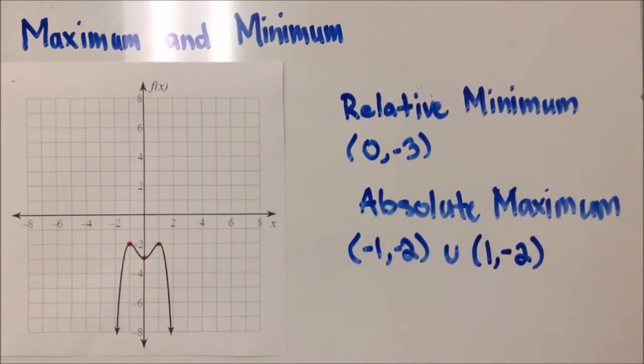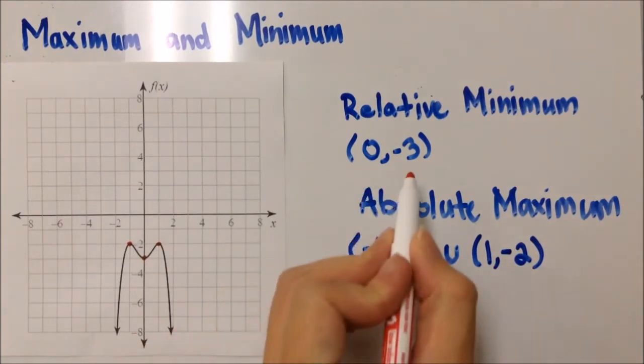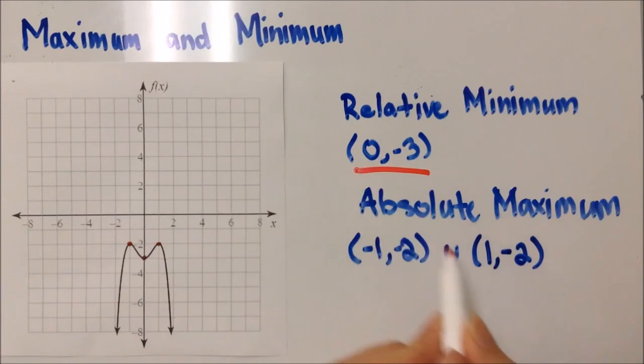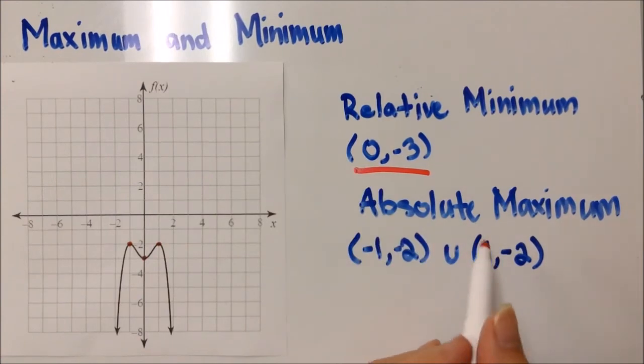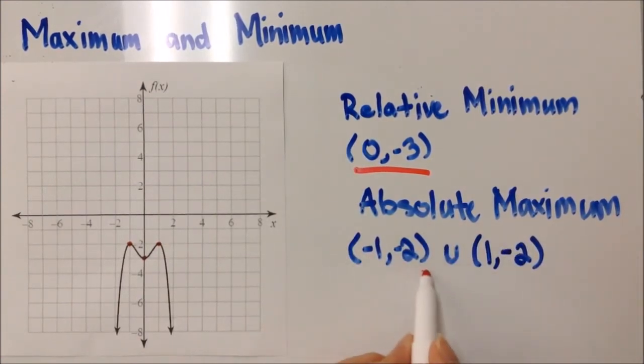If there was one maximum, then it would have been relative maximum instead of absolute maximum. So our coordinate point for relative minimum is this, and the coordinate points for absolute maximum are -1, -2, and 1, -2.